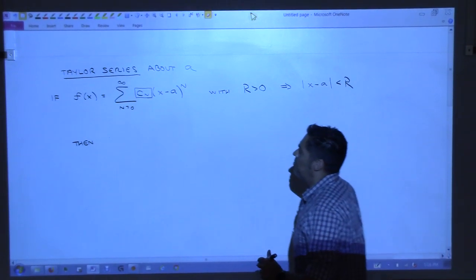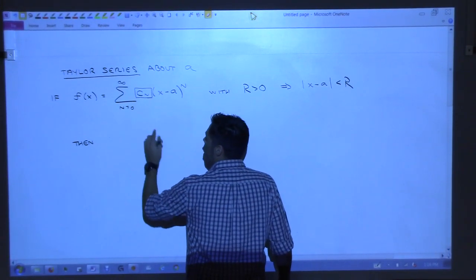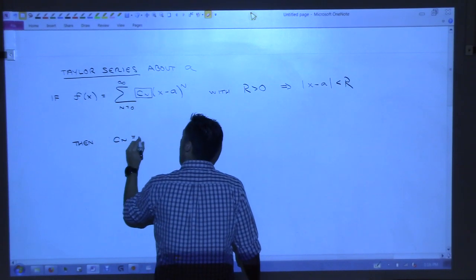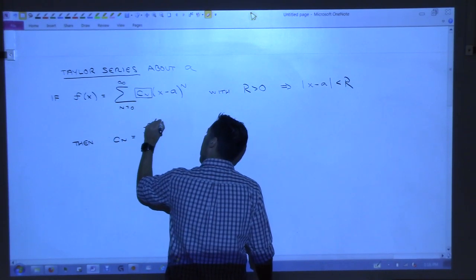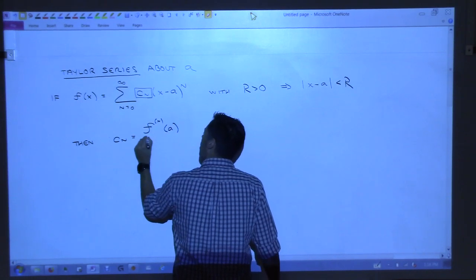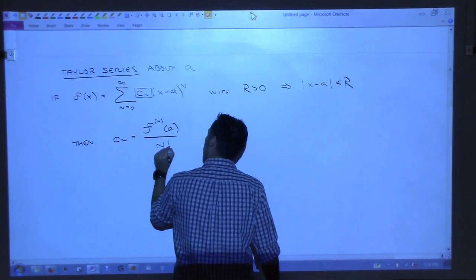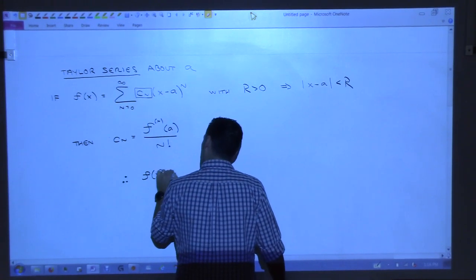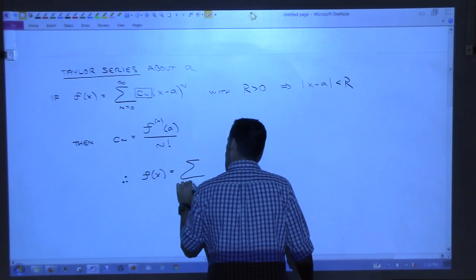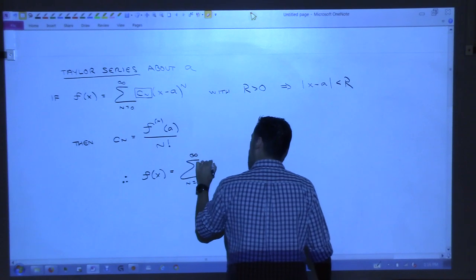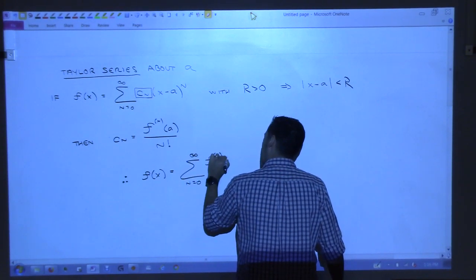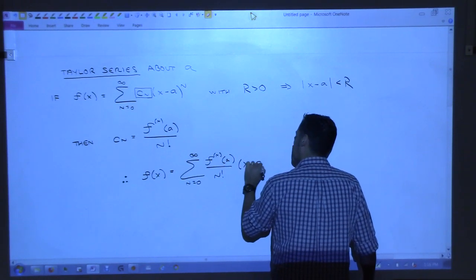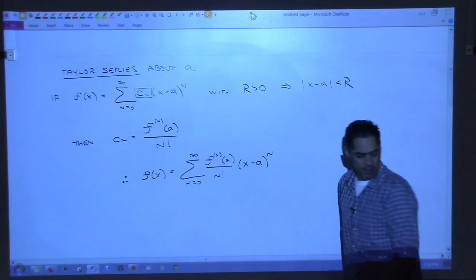A Taylor series about a is this function where c sub n is equal to the nth derivative at a over n factorial. Therefore, f of x is equal to the summation n equals 0 to infinity of the nth derivative at a over n factorial times x minus a to the n.